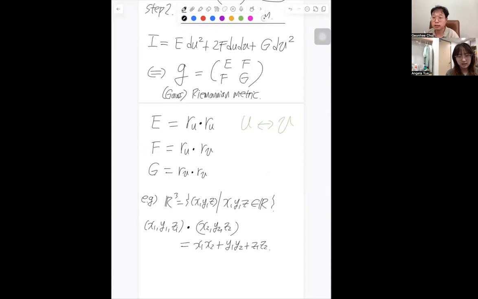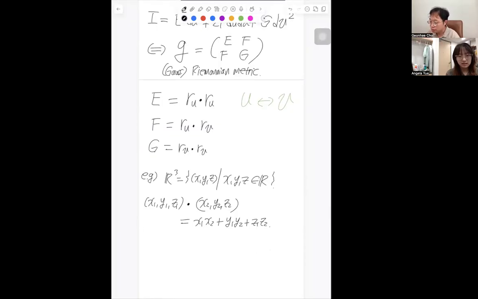So this looks elementary, but elementary does not mean trivial. From here, we call each element in R3 a vector, and we take the dot product between two vectors to get some value. Is that okay with you up to here?